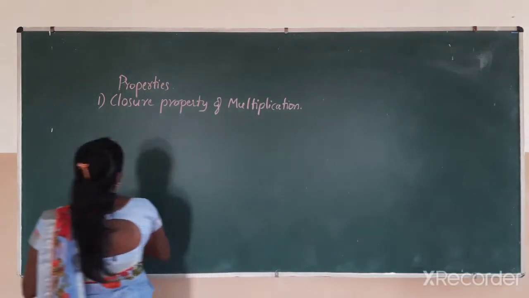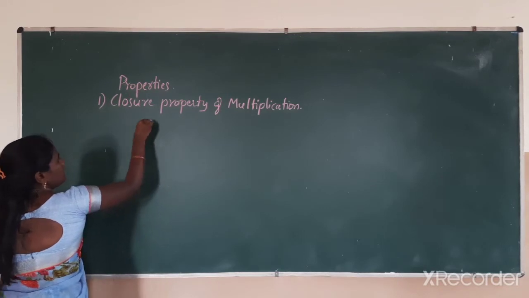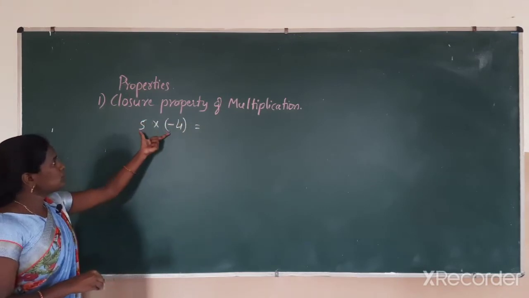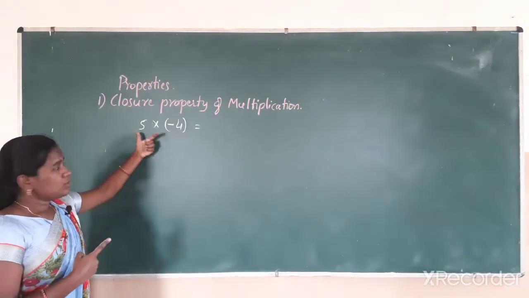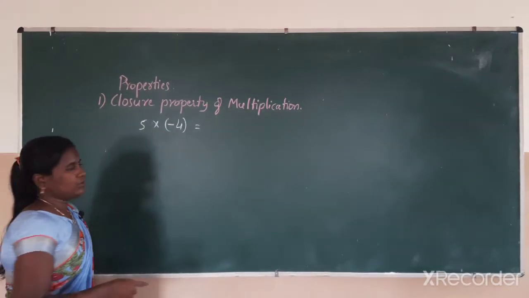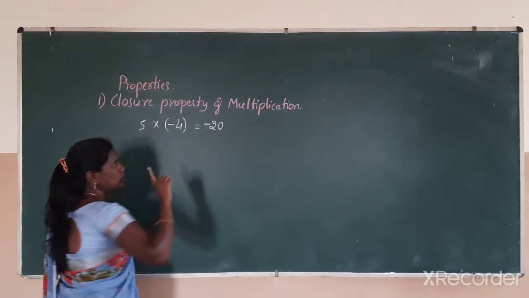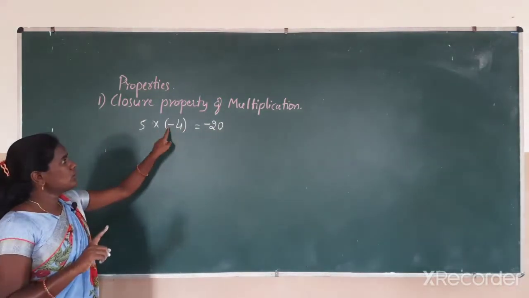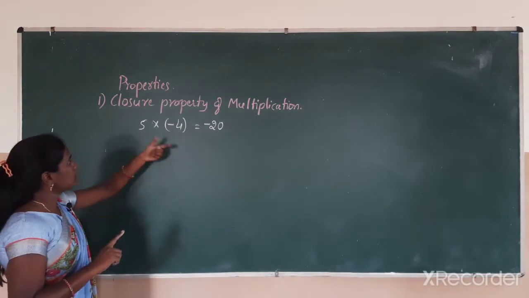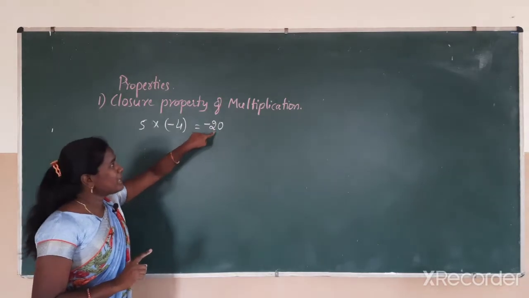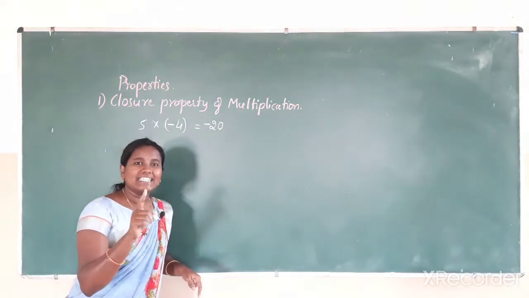If you take 5 into minus 4, I am taking two integers, one positive and one negative. 5 4s are 20, and only one integer is negative, so it is minus 20. Here 5 into minus 4 gives us minus 20, which is again an integer.